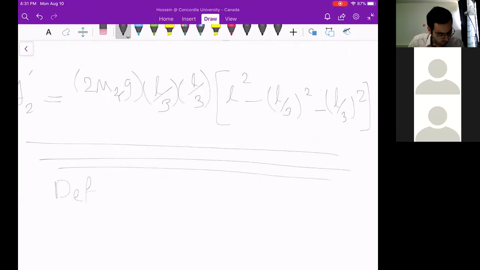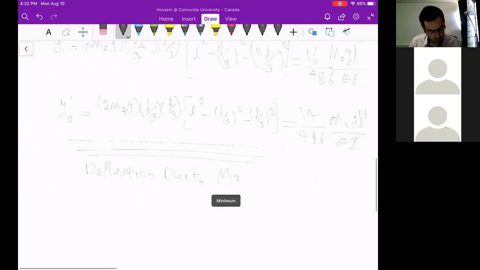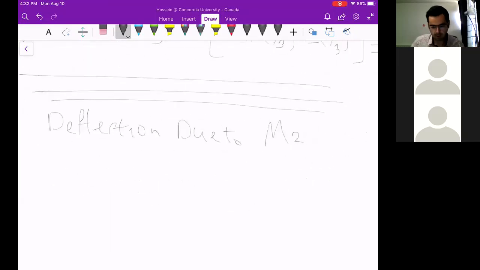Similarly, you have to find the deflection due to the second mass M2. So you have to remove the first mass and just consider the effect of the second mass M2. As soon as you put M2 on the beam, the beam deflects like this.